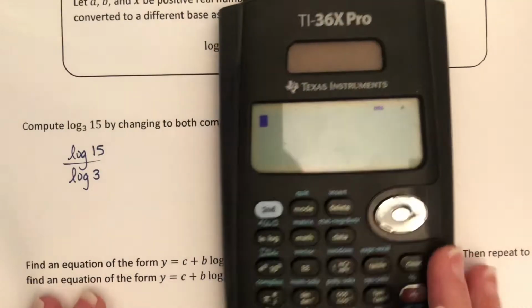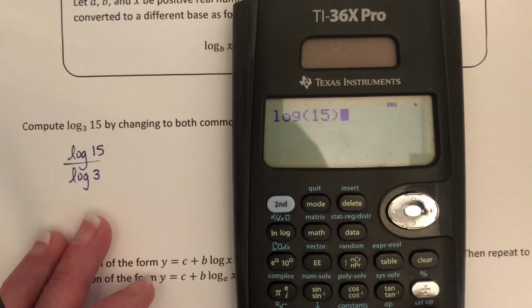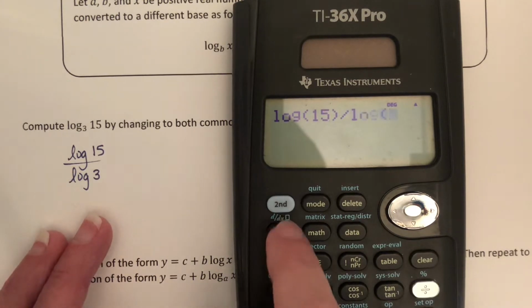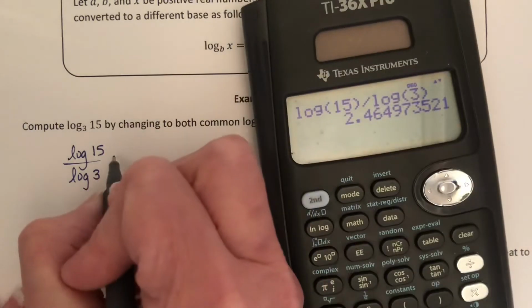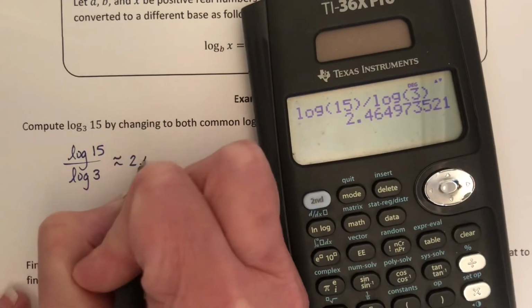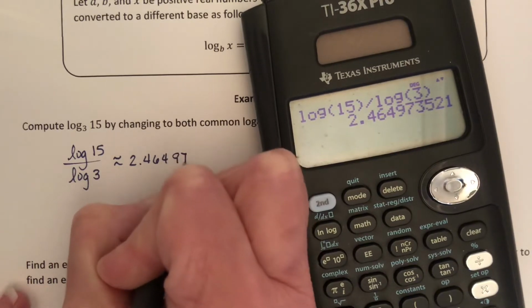And if I'm using my calculator here, log of 15 divided by log of 3 gives me approximately 2.46497.